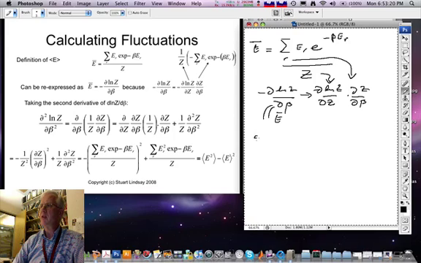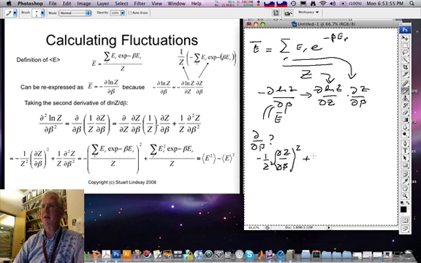What happens when you take the derivative of this quantity again with respect to beta? When we do this, we have to expand d by d beta in terms of d by dZ times dZ by d beta. The derivative with respect to Z pulls down a term minus 1 over Z squared, and then we have dZ by d beta all squared from the product of the two terms above.